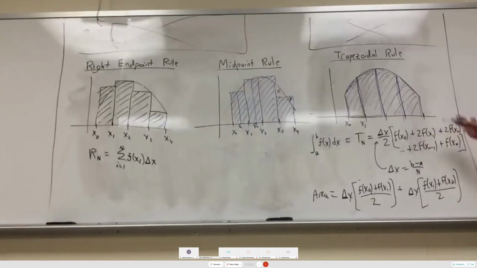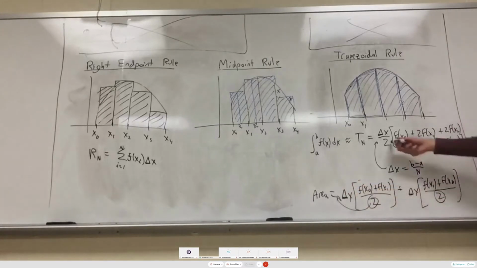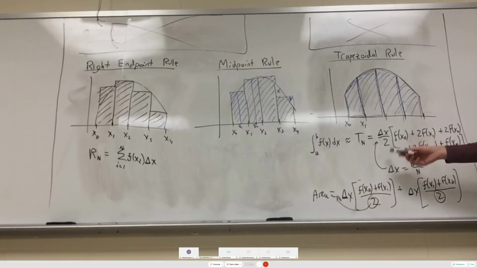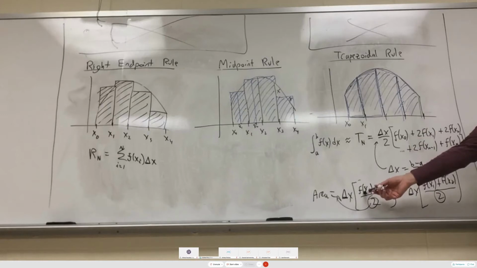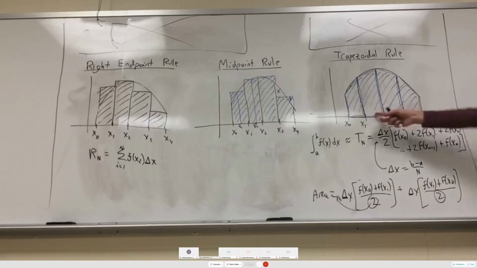So what the trapezoid rule does is pull out these 2's to the front and say, I count the first endpoint once, and all these middle endpoints get counted twice, twice, twice, all the way until the end, and this one only gets used once. So that's why the formula has those coefficients. That one is an important one to understand.